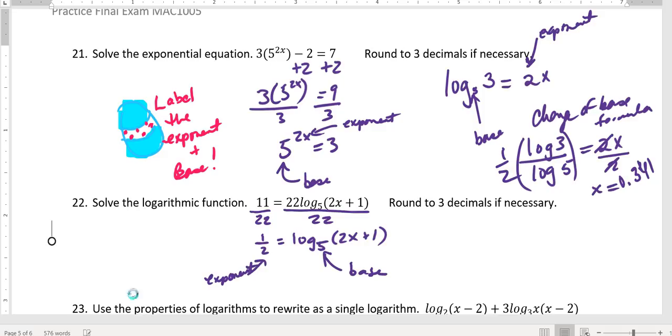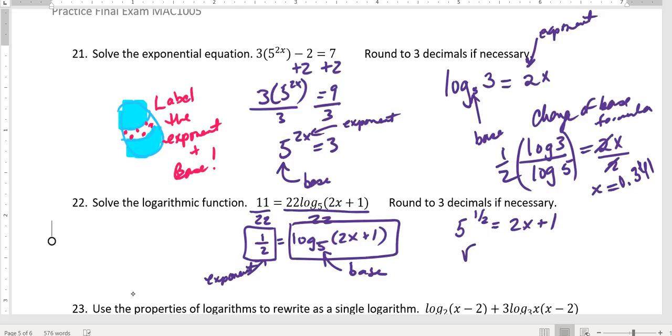A log is another name for an exponent. So the exponent is always on the opposite side of the log. So now I'm going to rewrite it in exponential form. So my base is 5, my exponent is 1/2, and it's equal to 2x plus 1. So this is the square root of 5 if you wanted to do it that way.